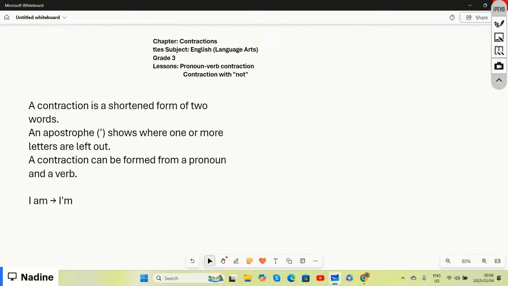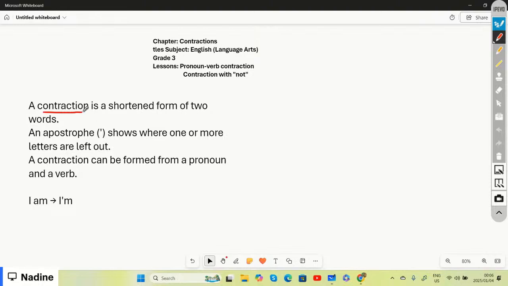So once again, a contraction is a shortened form of two words, and we put an apostrophe. An apostrophe will show where one letter, or more than one letter, is left out. And remember, even if there's one letter missing or two letters missing, you only add one apostrophe in its place.